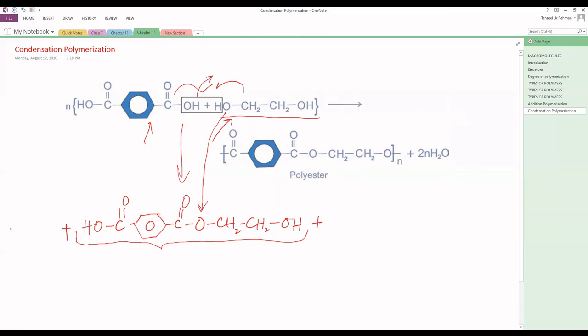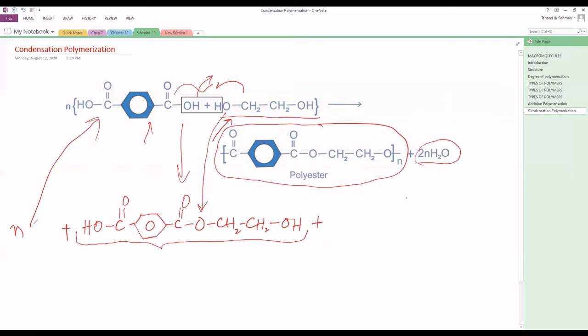Here n number of molecules of this dicarboxylic acid react, and this continues and we get polyester and 2n molecules of water. Okay, students, so these are the types of polymerization process.